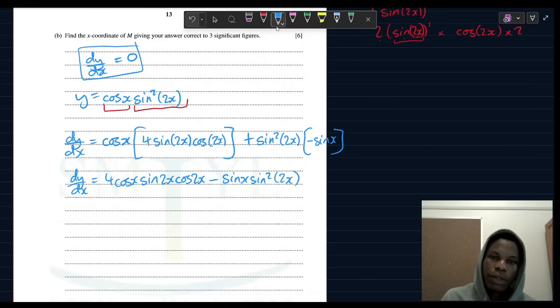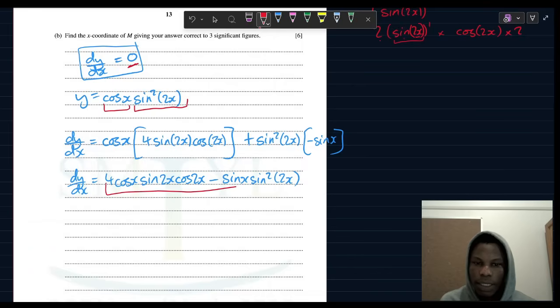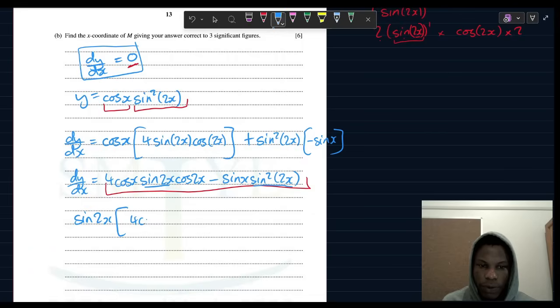And so now, remember we say dy/dx is 0, so this expression here has to be equal to 0. So we can actually just factor out a sine 2x there, and then here we end up with 4 cos x. That sine 2x is gone.